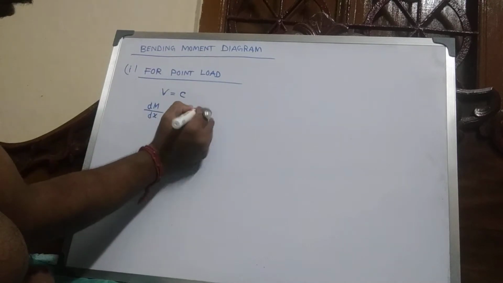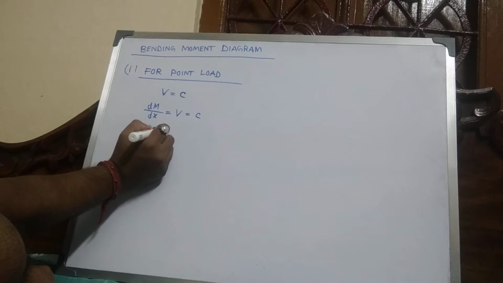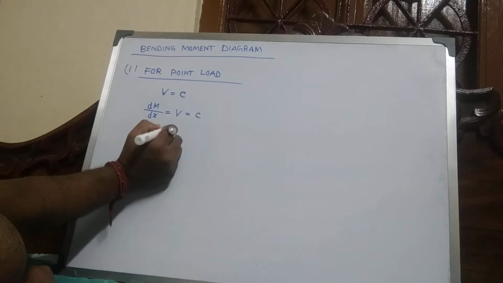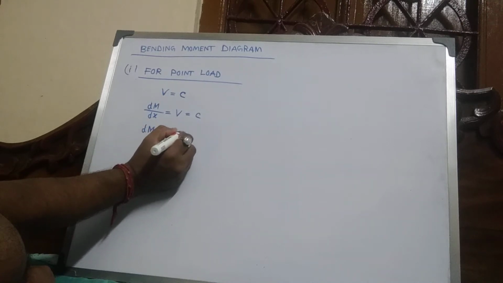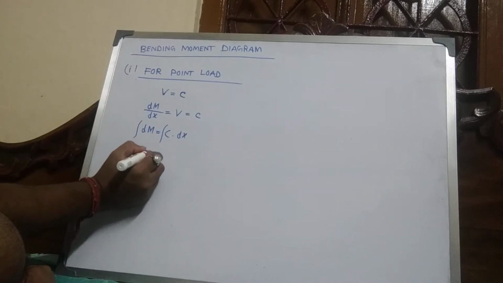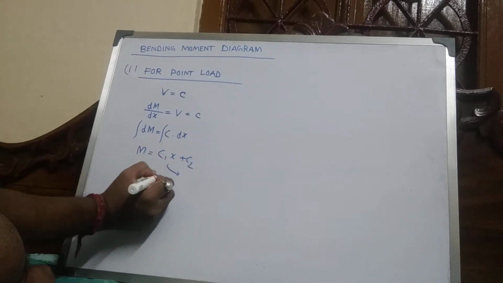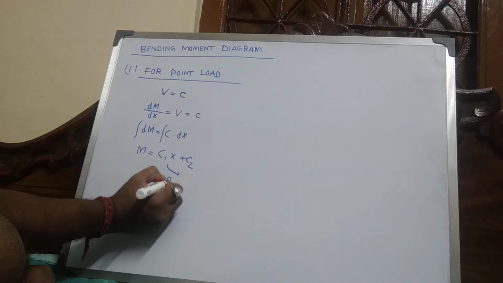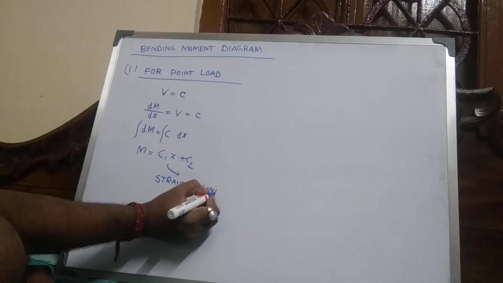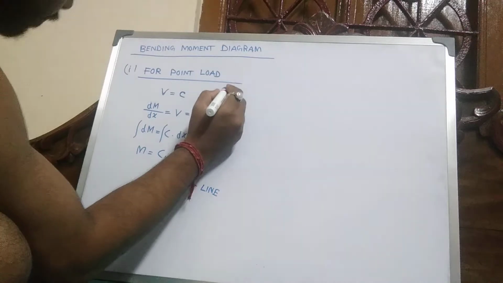So dM/dx equals constant C. Integrating both sides, M equals C1 x plus C. This is the equation of a straight line.